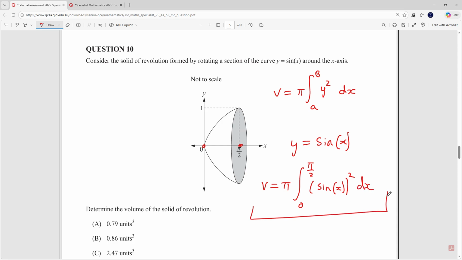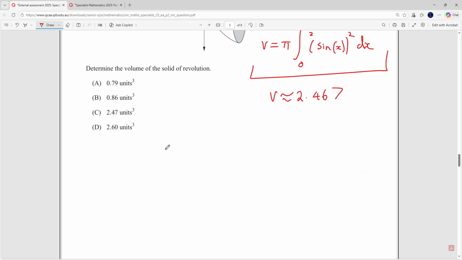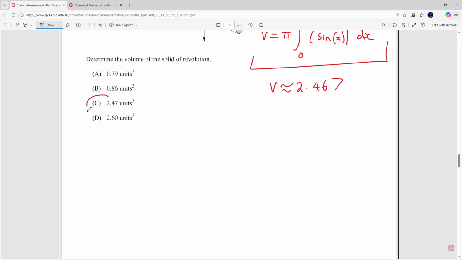I wouldn't do it by hand because that's just going to waste a ton of time in the exam. Okay. Please make sure you are in radians though. Okay, that is a necessity. So let's calculate what we get here. Okay, let's do that. So we get roughly 2.467. Okay, so the correct answer here is probably going to be this one here, because if you round it.